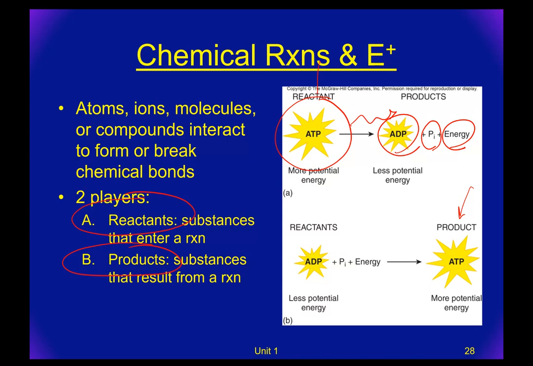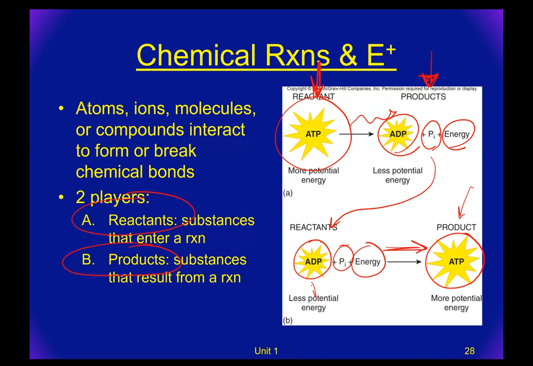So here's my reactant, it's before my arrow. Here's my products, it's after my arrow. Now look, I have ADP, phosphate, and energy, and I am making ATP. In this case, because these are before my arrow, I would call them the reactants. And over here, my ATP would be the product because it's the end result of the reaction.